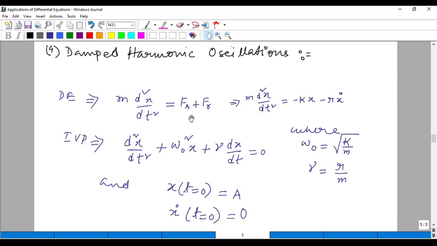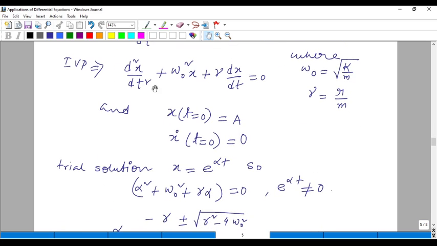From this differential equation, we write d2x dt2 plus gamma dx dt plus omega 0 square x equal to 0. Here gamma is equal to r by m. Now this is a homogeneous differential equation, and it can be solved using the trial solution x equal to e to the power alpha t.